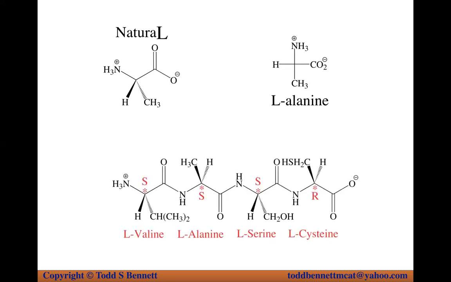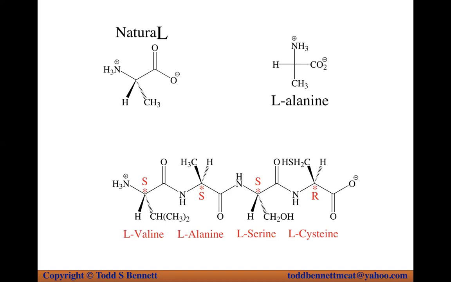Okay, here is our notable exception. This amino acid valine, it's perfectly fine. This amino acid alanine, we just did it, it's fine. Serine is fine. But here is where things get jacked up between OChem and biochem, and why I want you to know the OChem rules for this class.